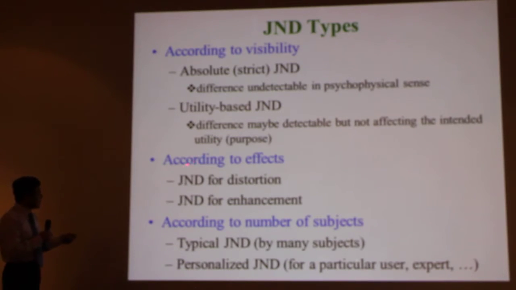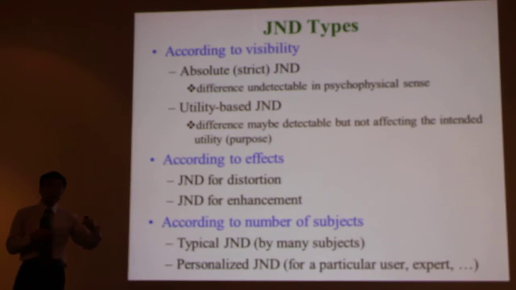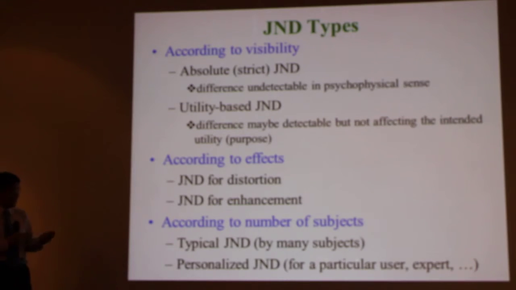Then we can classify it by the effect, for example, JND for distortion and JND for enhancement. They may be different, although the majority of the work so far is for distortion, not for enhancement. But I believe enhancement needs to consider extra different factors.